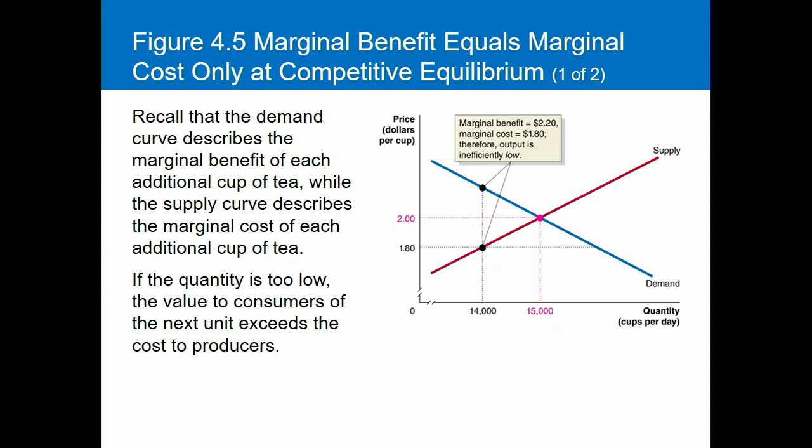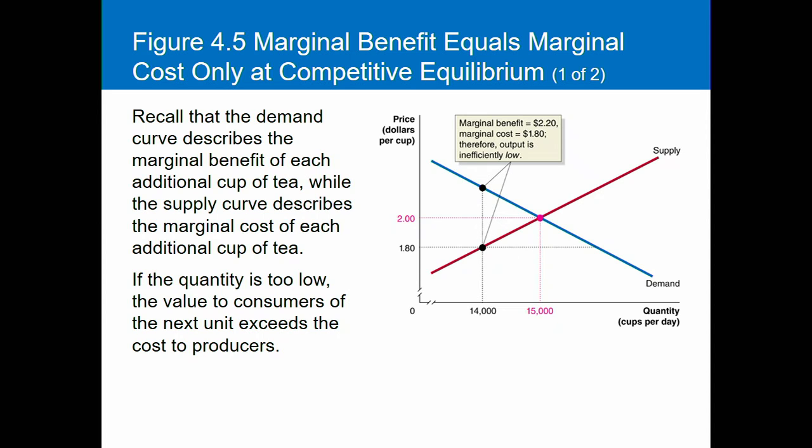But let's say that firms don't realize this at the time. They don't know what the equilibrium price is going to be, what the equilibrium quantity is going to be. So they only bring 14,000 cups of tea to the market. They don't have enough tea on hand to satisfy the demand. What ends up happening? At 14,000 units, we're to the left of equilibrium.